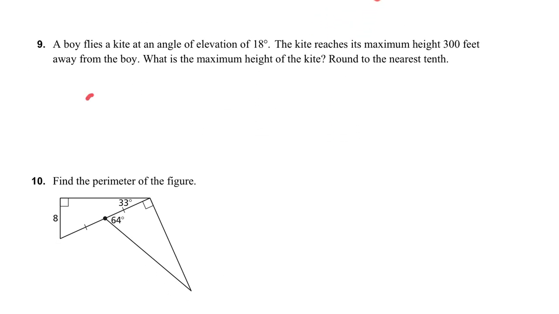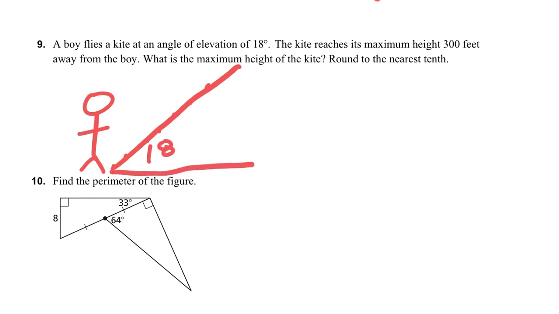The setup here is you have a boy who's flying a kite, and there's an angle of elevation of the string. It says 18 degrees, and that's based off the ground. Now the kite reaches a maximum height 300 feet away. So here's my kite.